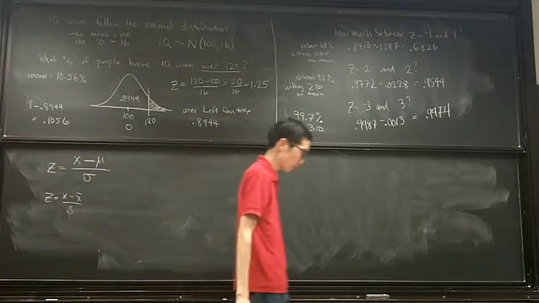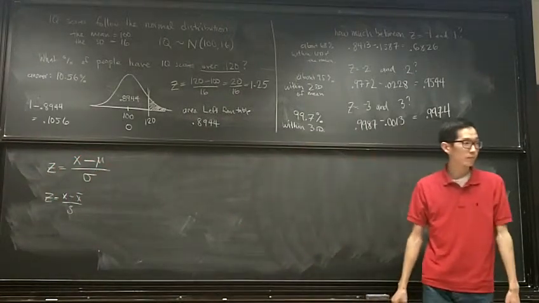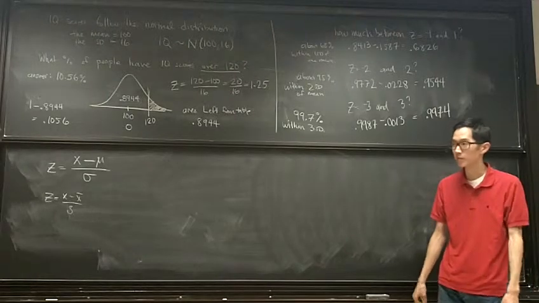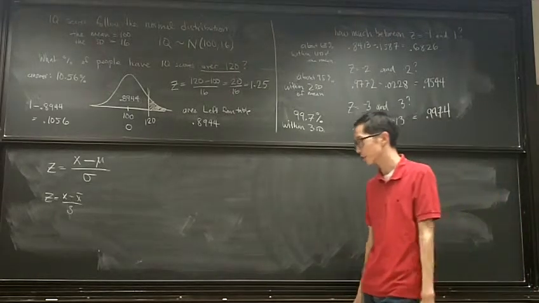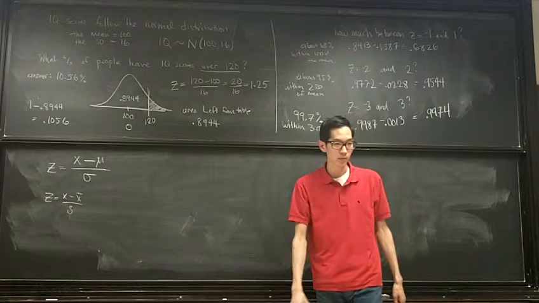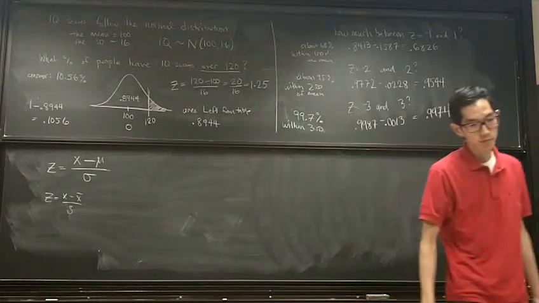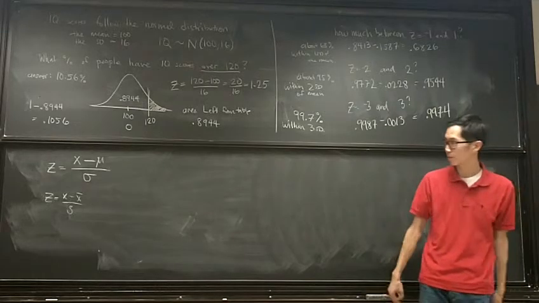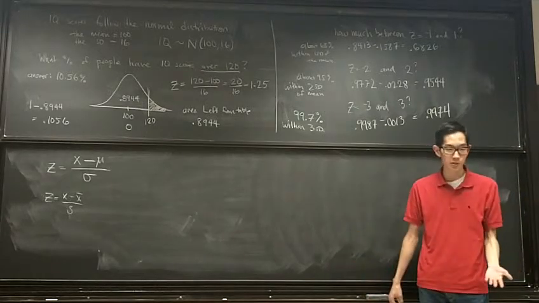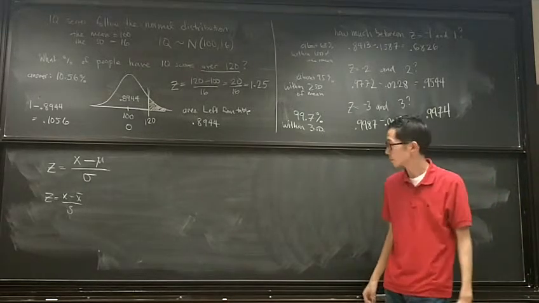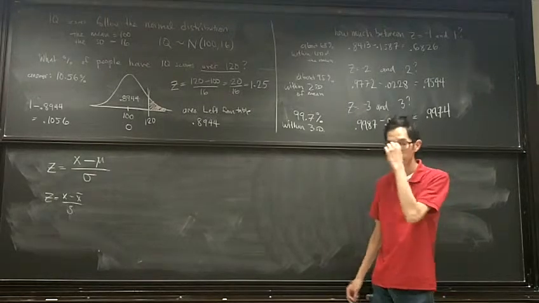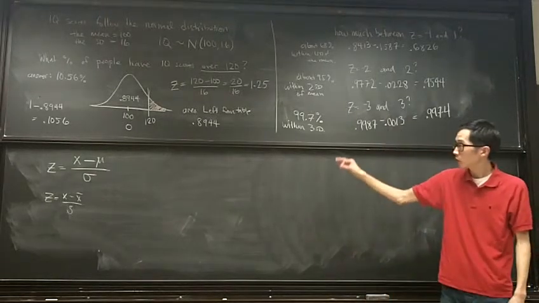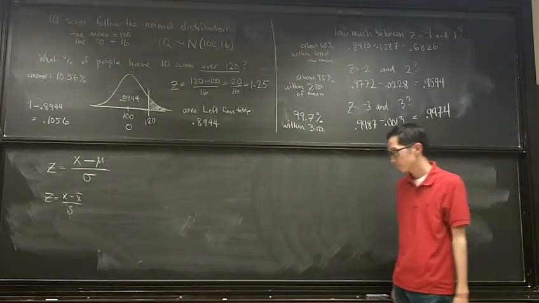It's the same idea. You're basically creating intervals, but those aren't z-scores. You're marking off where things are. Okay, so let's.